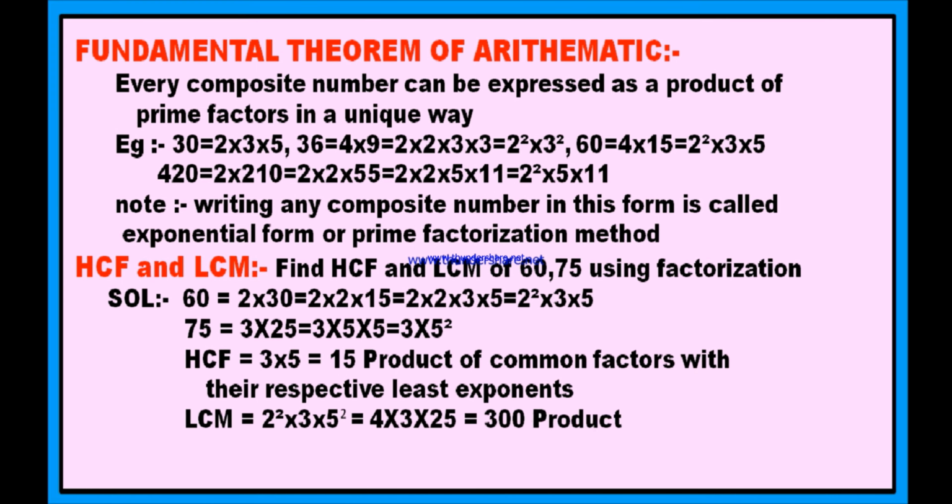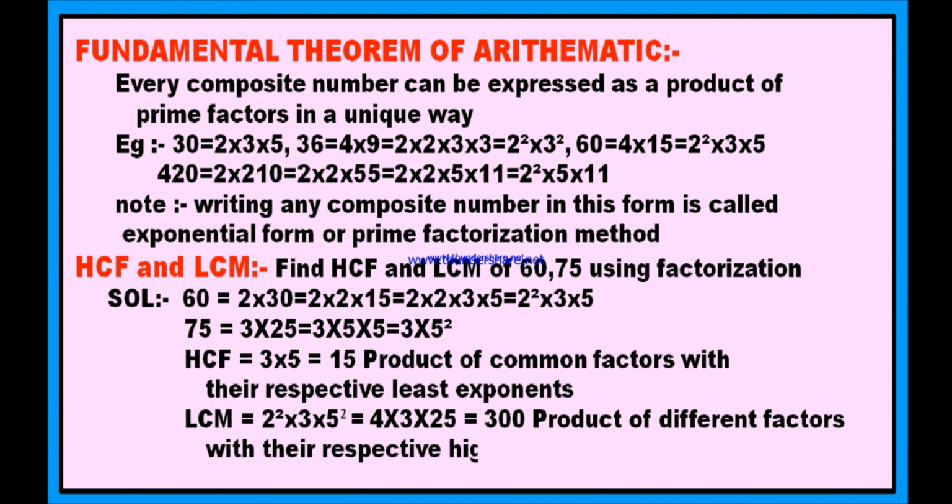Now let us find LCM. In finding LCM, we have to consider the product of different factors with their respective highest exponents. In the previous case, we took common factors and we took the least exponents. And in finding LCM, we have to take all different factors with their highest exponents.